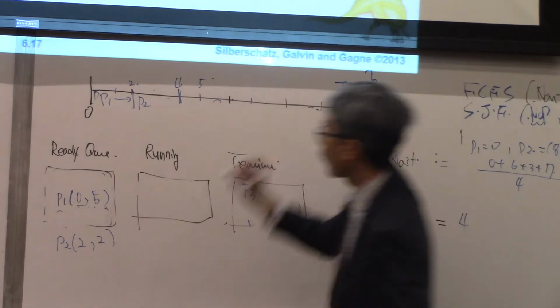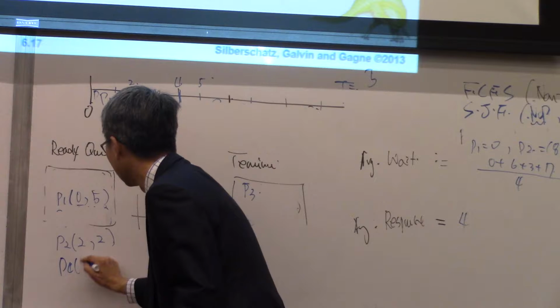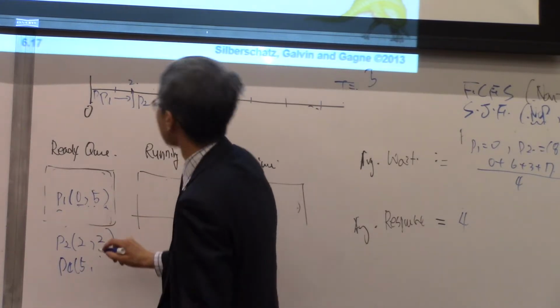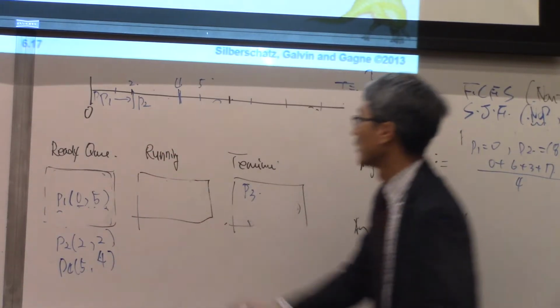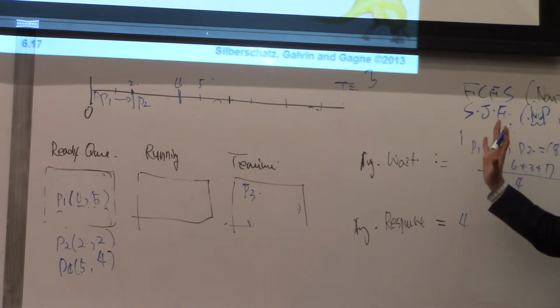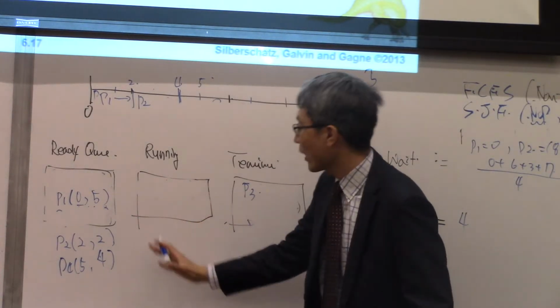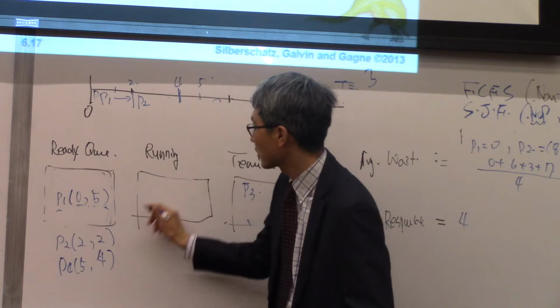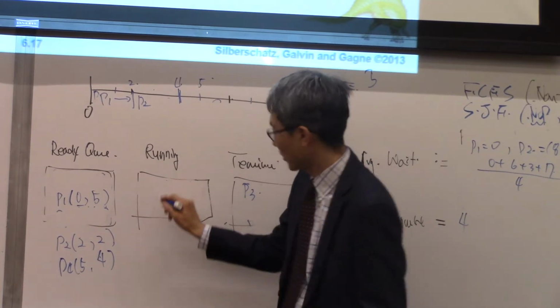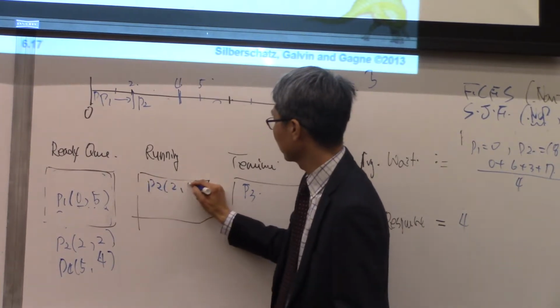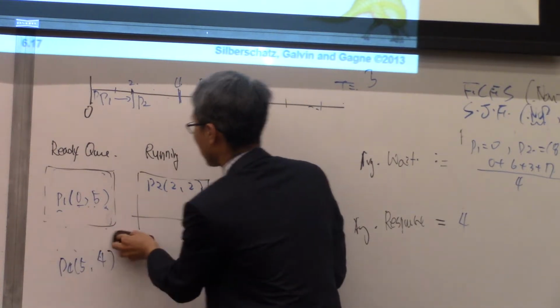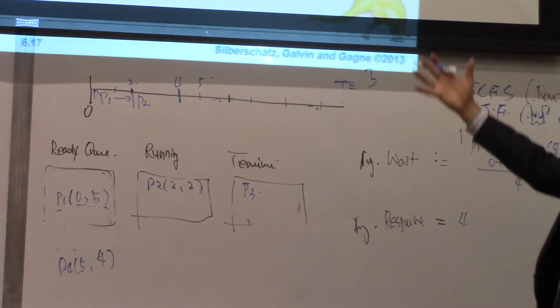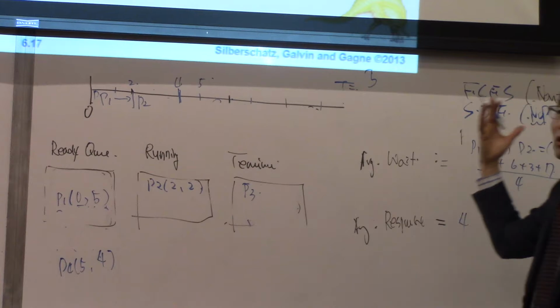Then P4 arrives with a CPU burst time of 4. The CPU scheduler selects the next one based on remaining time. Which one? P2. So P2 is selected. Is there any other event later? No, there's no more.